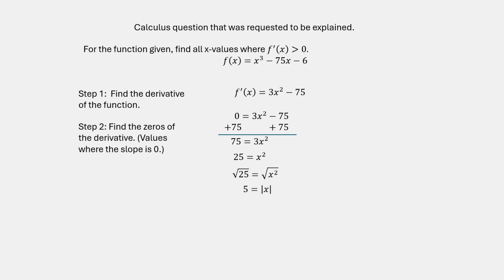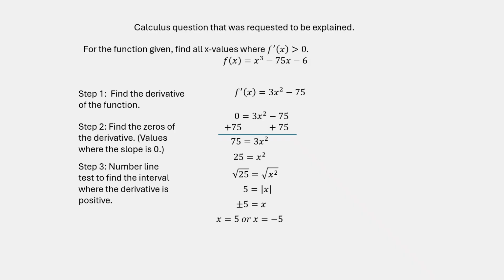So in algebra, if we're doing this step, we're saying the square root of 25 is 5, but the variable is the absolute value of x, because there are two numbers that you can square to get 25: positive 5 or negative 5. Negative 5 times negative 5 is 25. 5 times 5 is 25. So that means our zeros are going to be at x equals 5 or x equals negative 5.